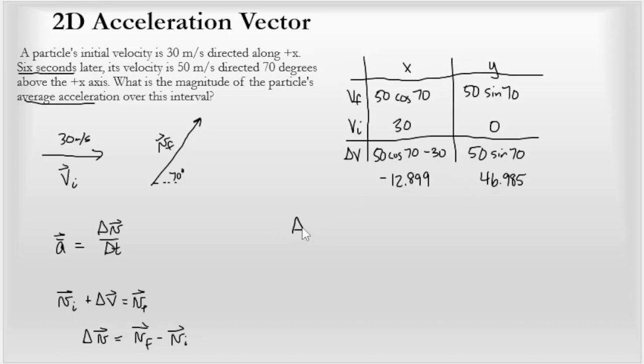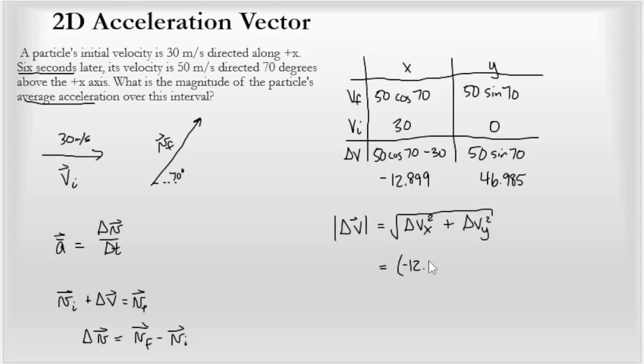So like I said, this second to last step here, delta V, the magnitude of that change in velocity vector is going to be delta Vx squared plus delta Vy squared and square root it, right? This is the x component. This is the y component. Watch out when you run this through the calculator.